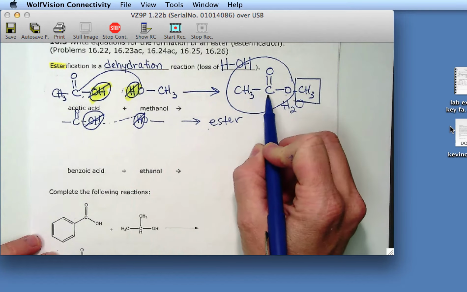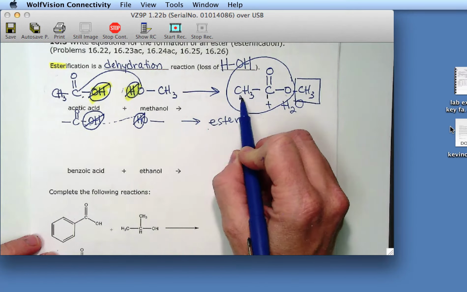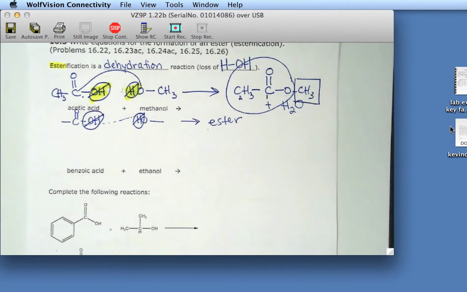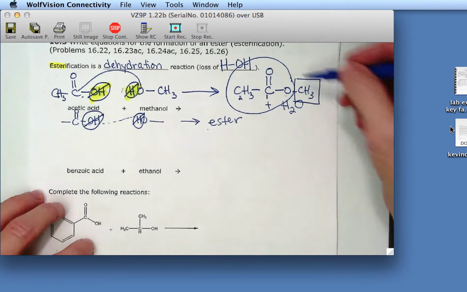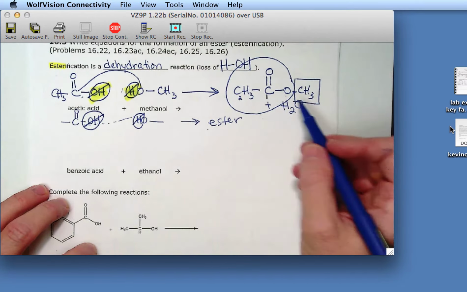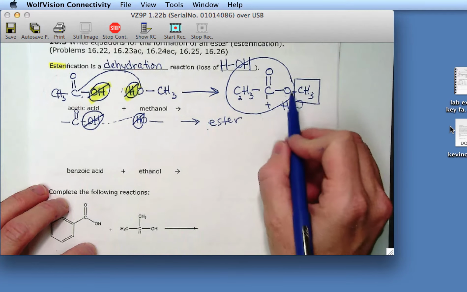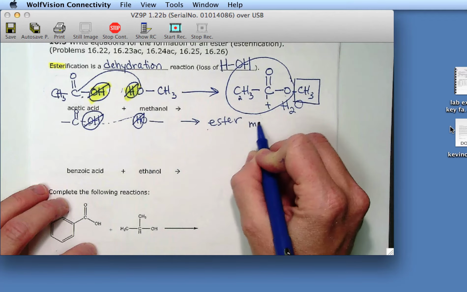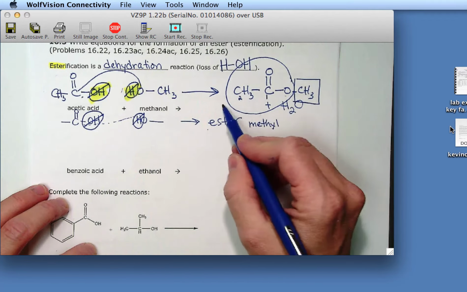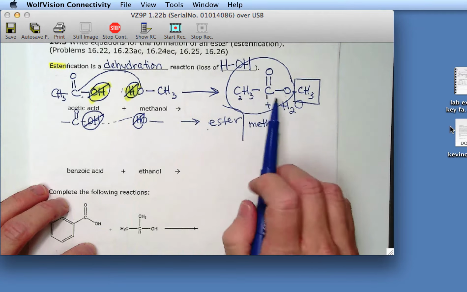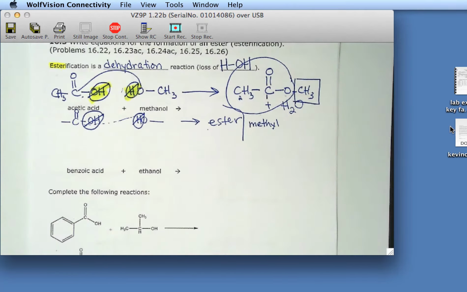How you would name this is carbon 1, this is carbon 2, but esters are at the end, and I'm going to go through this in greater detail coming up. The way you would name this would be methyl, that is methyl, and then 2 carbon parent, ethane.